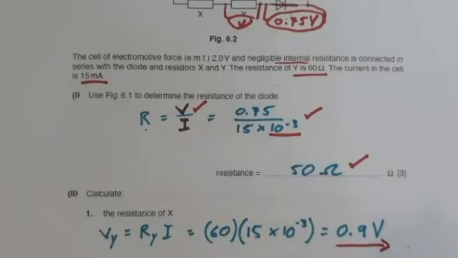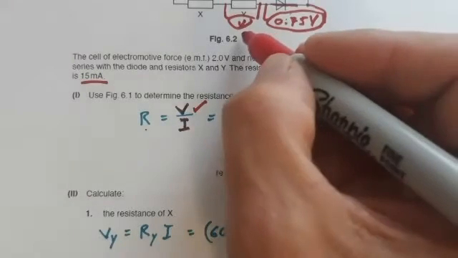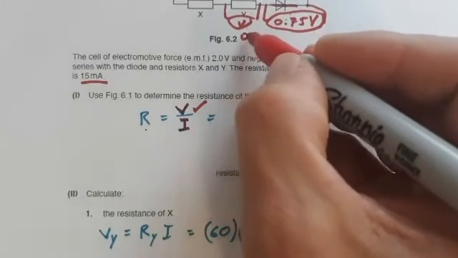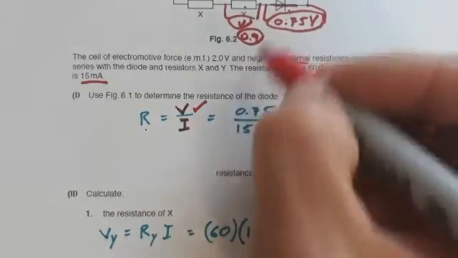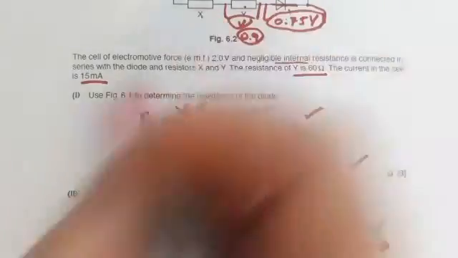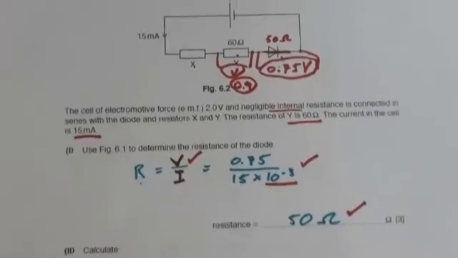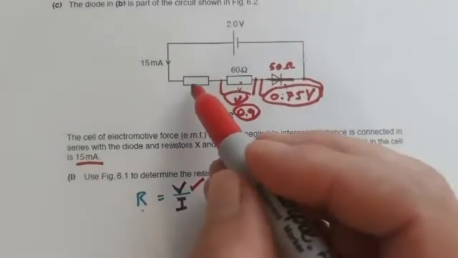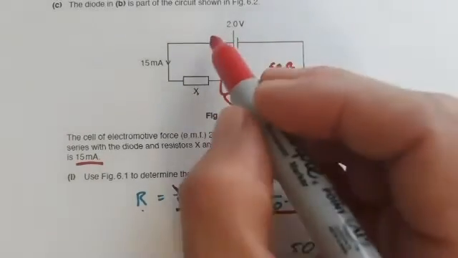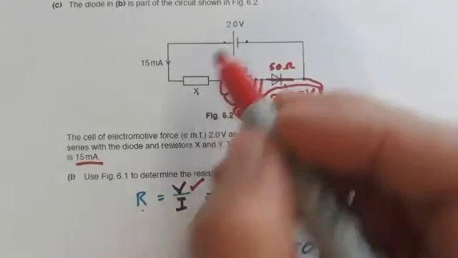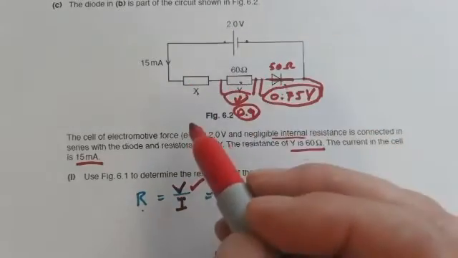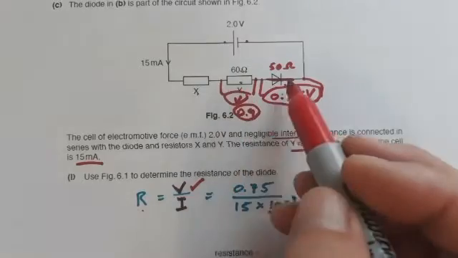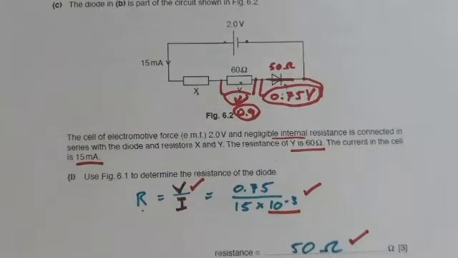Why do I want that? Well, if I know the potential difference over the two of these components, I can get the potential difference over X. Remember, the PD over my battery is equal to the sum of the PDs over my resistors.